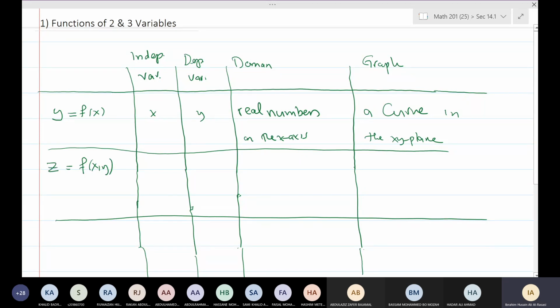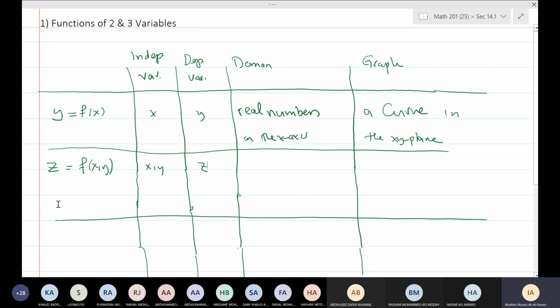So z is a function of x and y. What are the independent variables here? x and y. I have to substitute a value for x and a value for y. What is the dependent variable? z. The value of z depends on x and y.